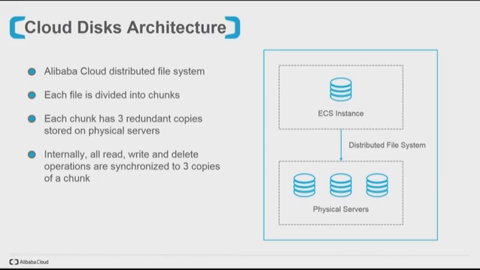Our cloud disk, our block storage, is built on what we call Alibaba Cloud DFS, distributed file system. When you store your files onto Alibaba Cloud disk, each file is divided into chunks, and because of this DFS, these chunks are stored across three different physical servers.